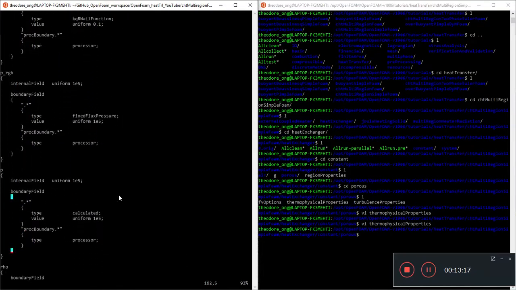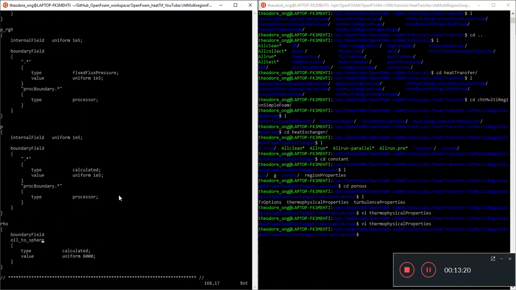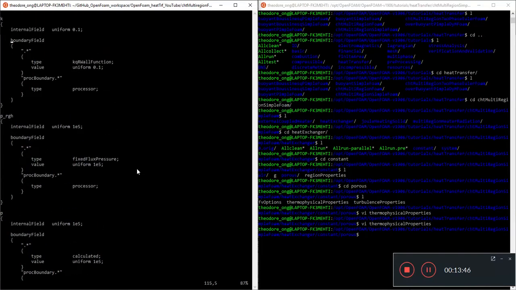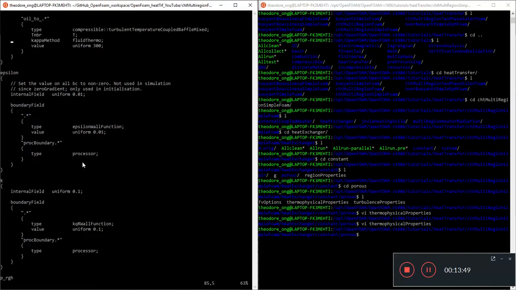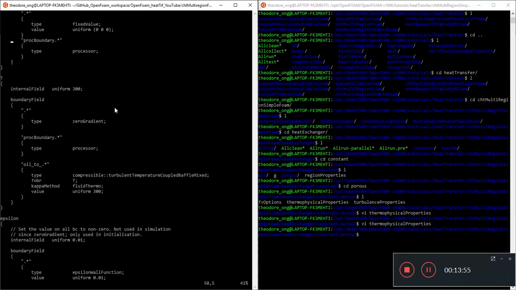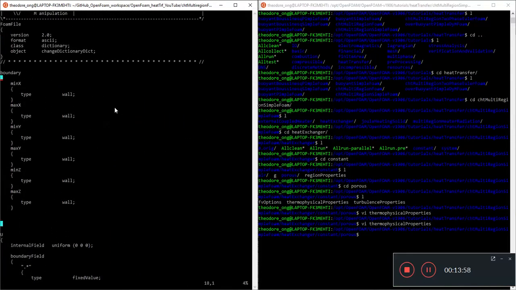Okay, oil to sphere. Okay, where is this? Okay, there. Okay, let's look at the syntax. So yeah, I guess you always need an internal field entry. Do you? I doubt so, but yeah, you don't always need an internal field. Oh, there is an internal field entry here, and looks like almost every one of them has an internal field entry.